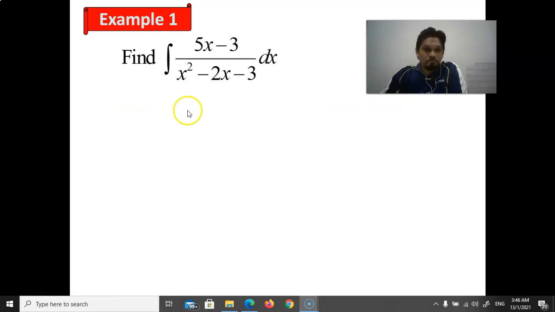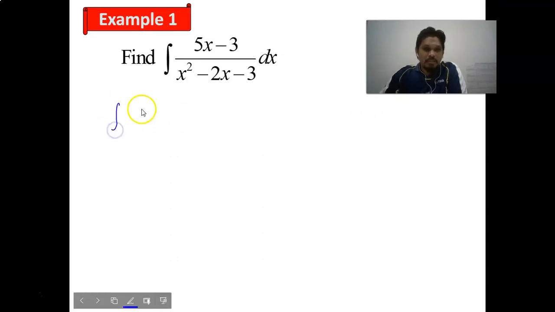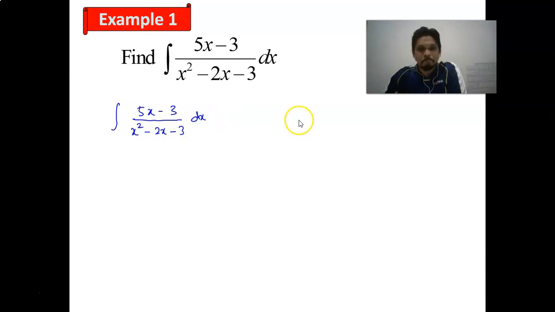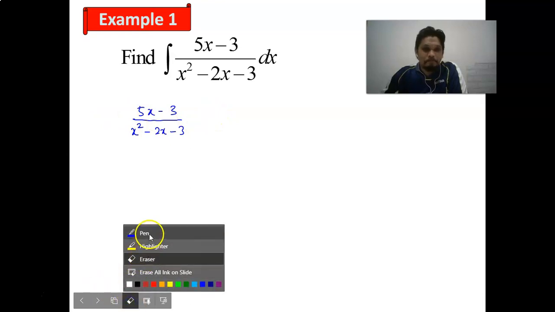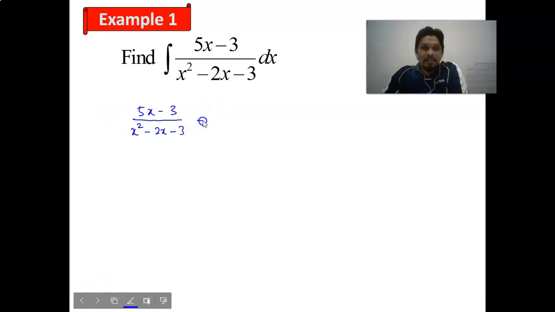So, okay, integral of 5x minus 3 divided by x squared minus 2x minus 3 dx. Let's see, what if I take this out first? Okay, so then, what about this?